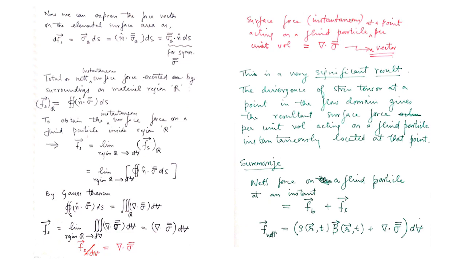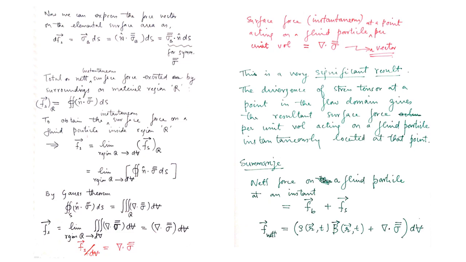Now just summarizing what we have learned. I can write the net force on a fluid particle at an instant as the vector sum of the body and surface forces. I have already developed the relevant mathematical ways of expressing them, so I'll write F net acting on a fluid particle at an instant. The body force uses the field intensity per unit mass.